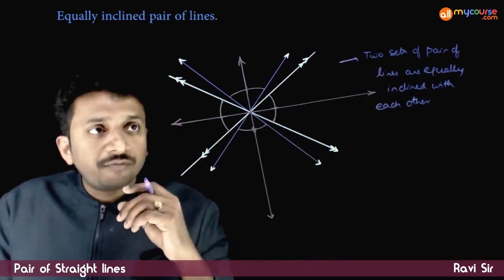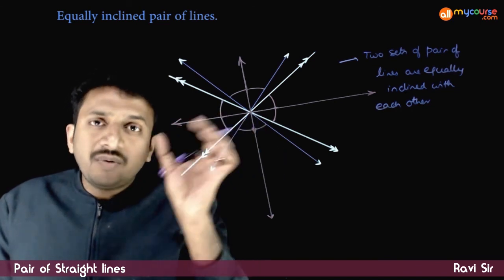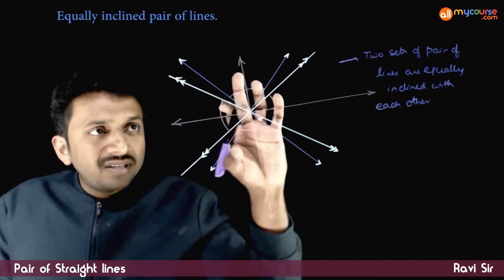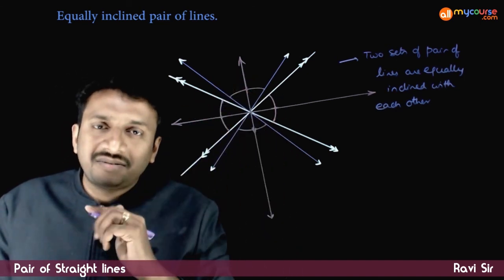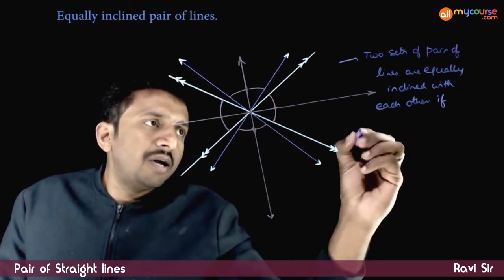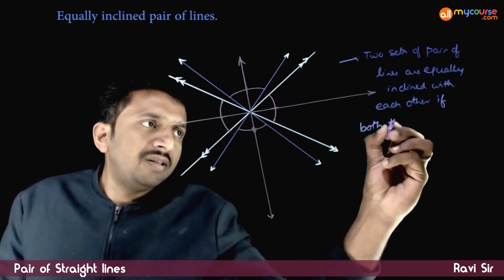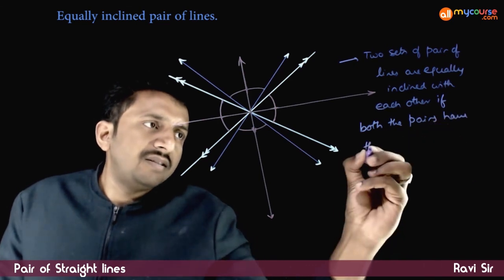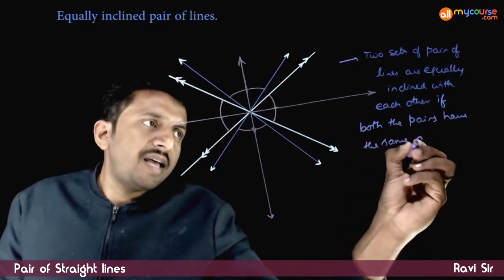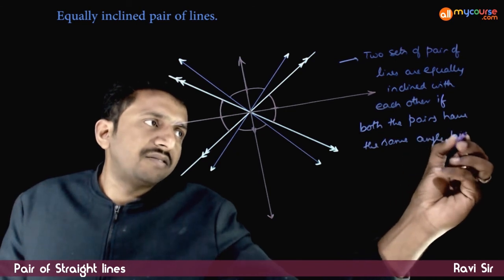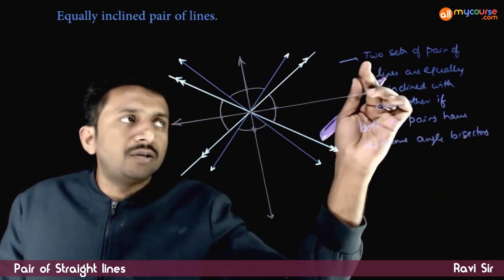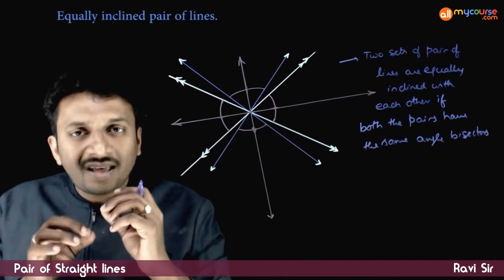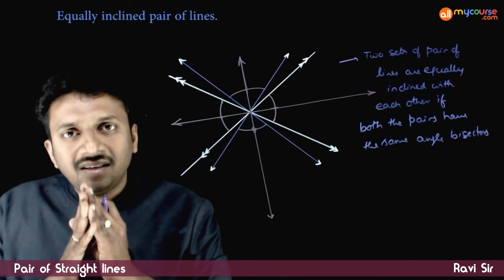So 2 sets of pair of lines are said to be equally inclined to each other if they have the same angle bisectors. If both the pairs have the same angle bisectors. So 2 sets of pair of lines are said to be equally inclined if they have the same set of angle bisectors.